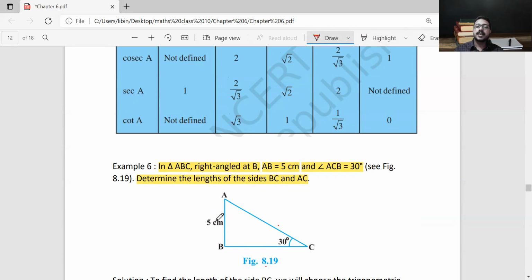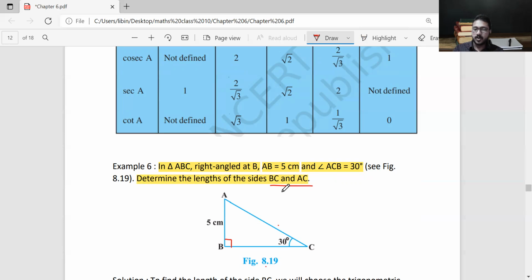Here we are given the length of one side and one angle. Actually two angles are given, because it is a right triangle, so it is 90 degree obviously. It is given angle C is equal to 30 degree, therefore angle A will be 60 degree. Never mind, we don't need that. We want to find the lengths of the sides BC and AC.